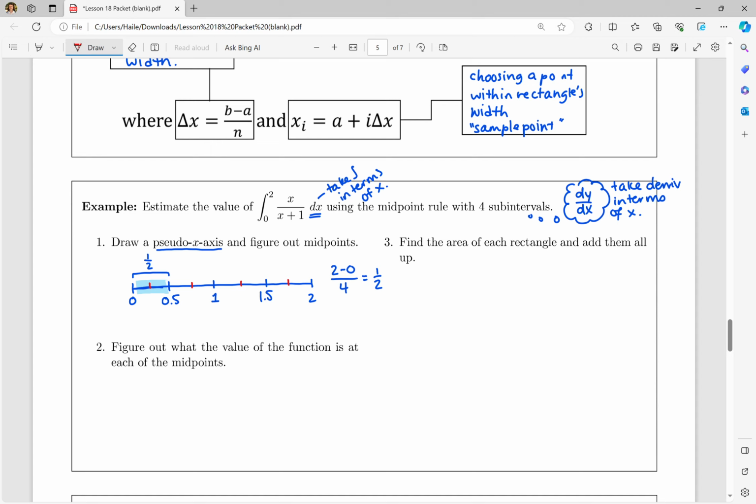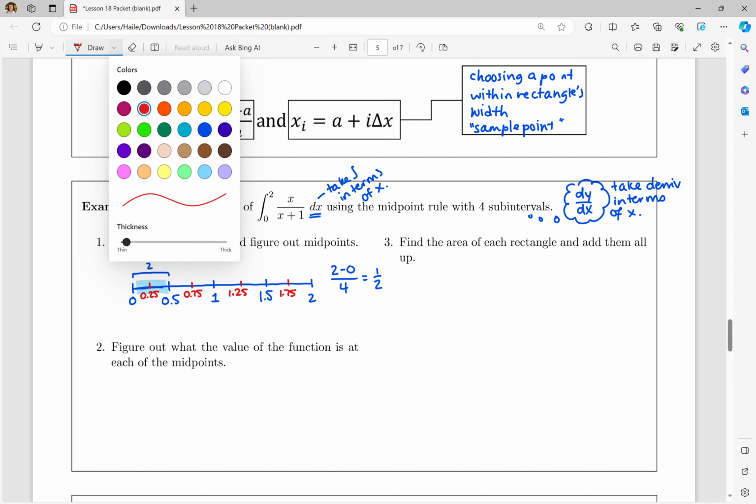In between 0 and 0.5, we have 0.25 or 1/4. In between 0.5 and 1, I have 0.75. In between 1 and 1.5, I have 1.25. And in between 1.5 and 2, I have 1.75. The points I'm actually going to use to find the heights of my rectangles are those red points.